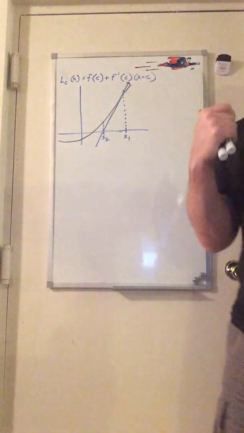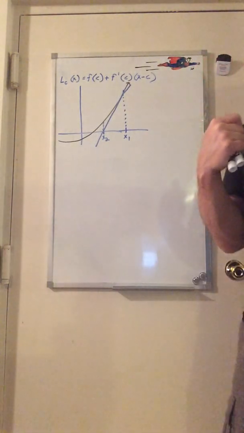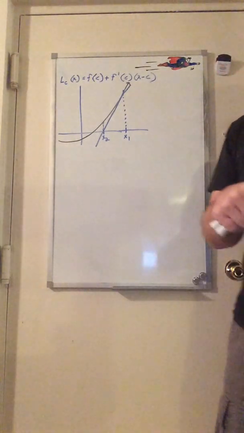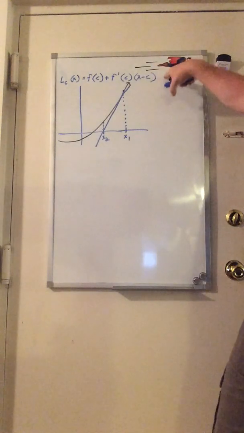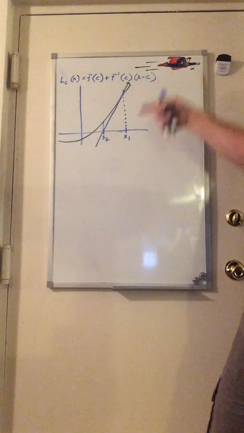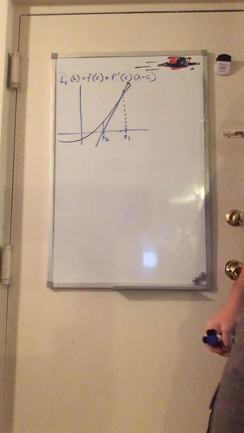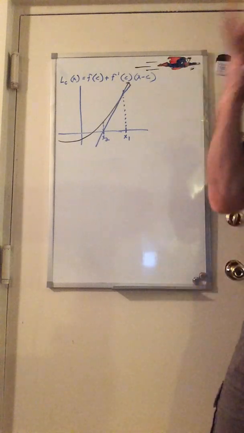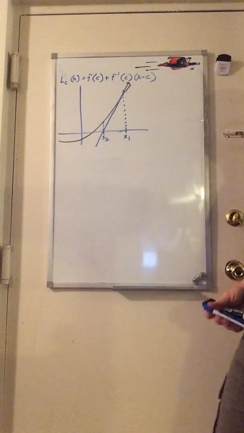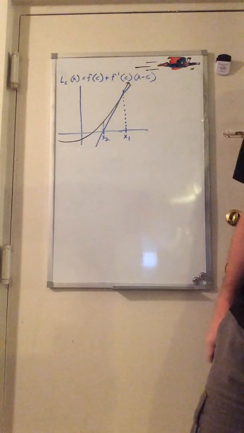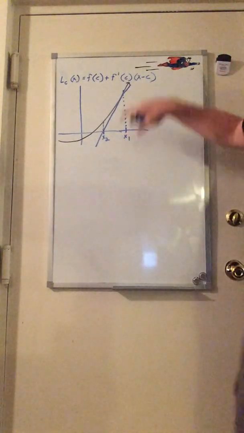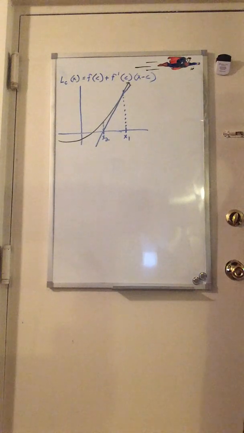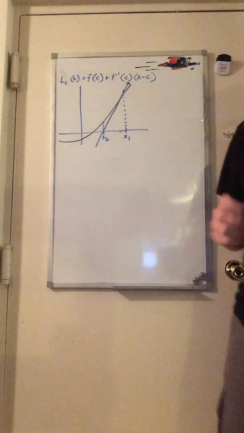This was created a few hundred years ago when they didn't have access to that, so they had to come up with ways to solve problems that they could do out by hand. Working with lines is a whole lot easier than trying to work with cubics or fifth degree polynomials or exponentials or trigonometric functions. So there is a reason that they did this, and there is another way that this is actually useful. It's a trick that somebody came up with.